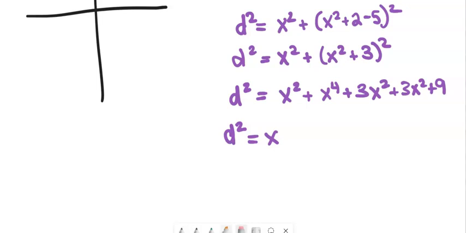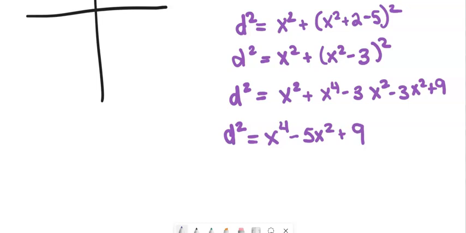Okay, so this needs to be a negative 3, and this needs to be a negative 3. So I have x to the power of 4, x squared minus 3x squared minus 3x squared is going to be minus 5x squared plus 9.